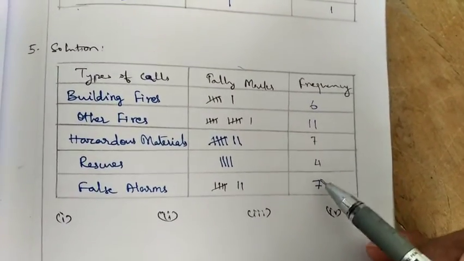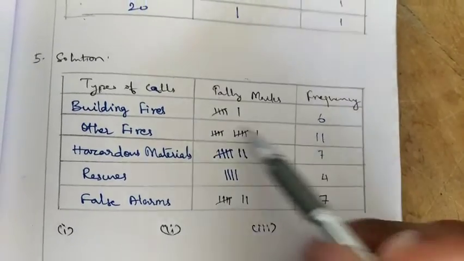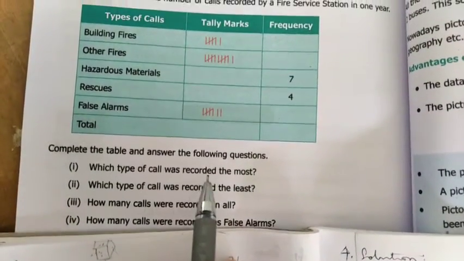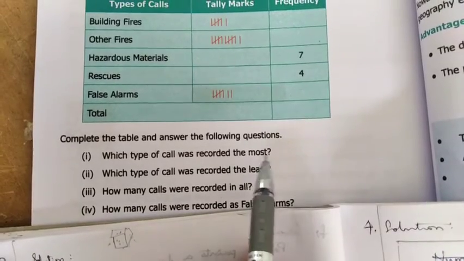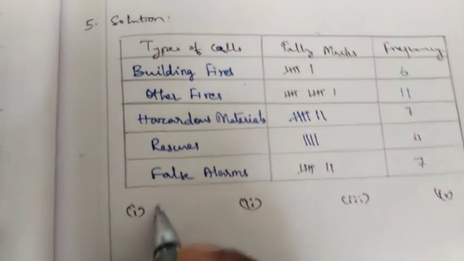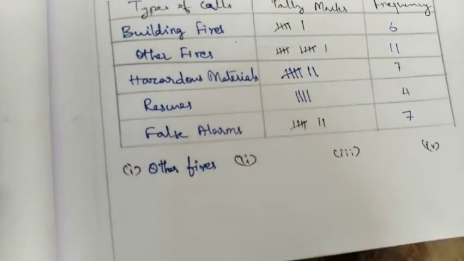So what is the biggest number here? Maximum calls. So 11. 11 is the maximum. So these are types of calls. Which calls? Other fires. For the question, which type of call was recorded the most? The type of call recorded the most was other fires.